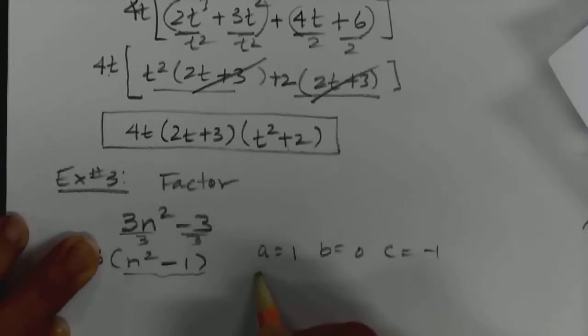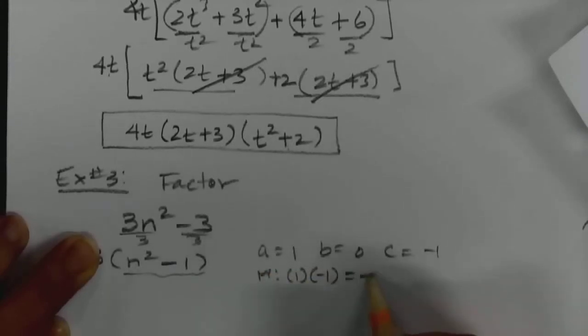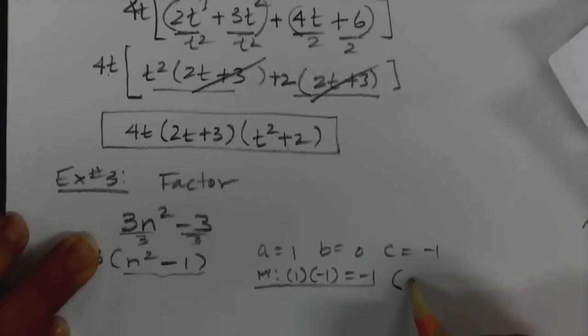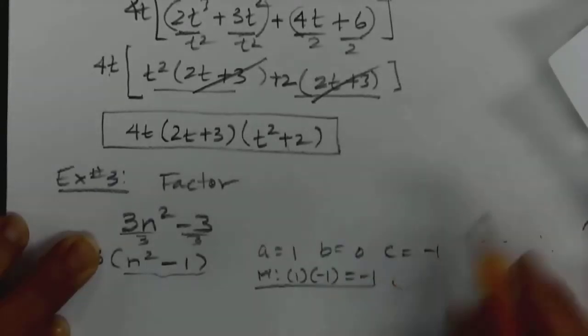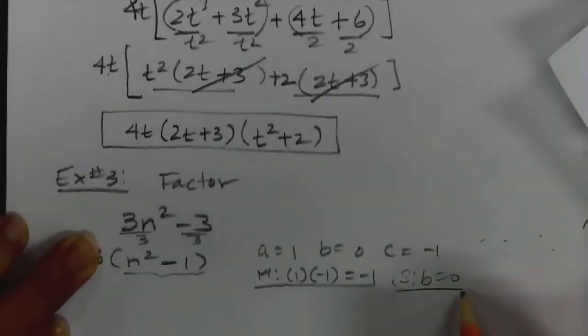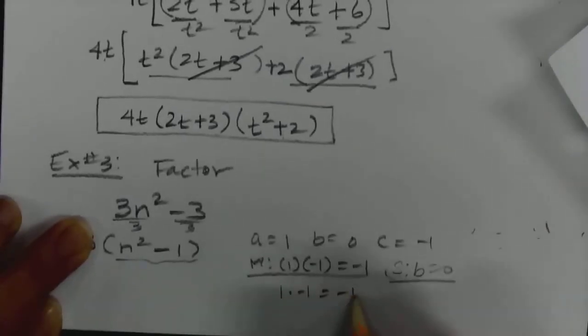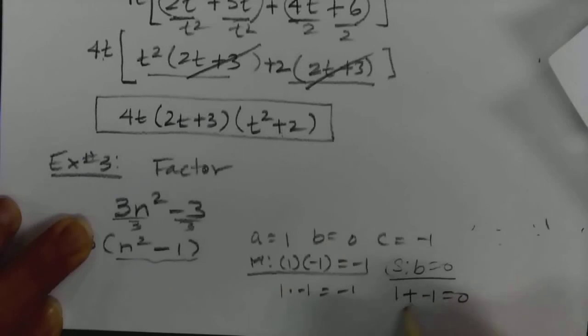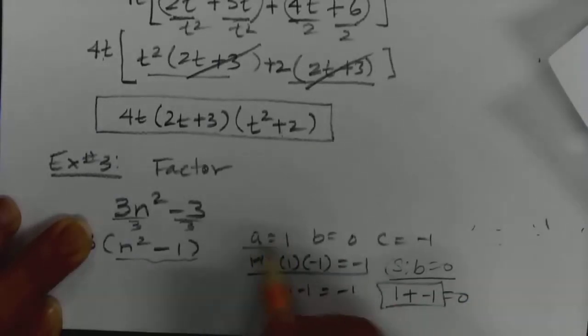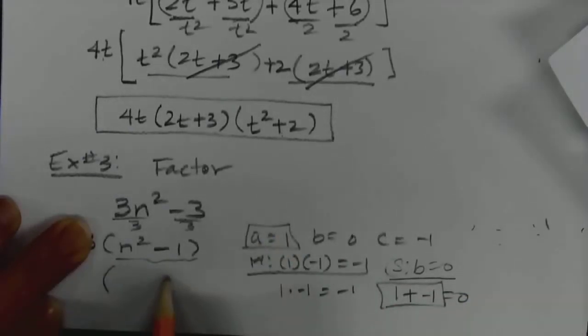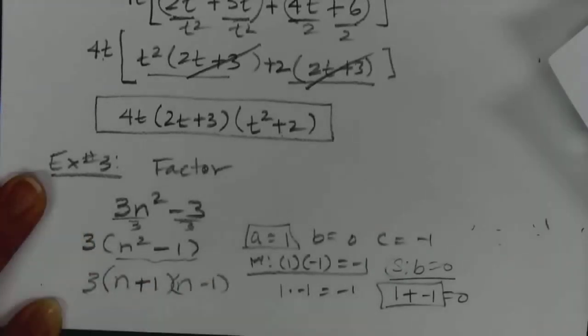Negative 1. We're going to multiply 1 times negative 1, which is negative 1. What times what is negative 1? That's got to add up to the sum of B, right? That's 1 plus negative 1, which is 0. 1 times negative 1 is negative 1. Those are my factors. So this factors to n plus 1, n minus 1 with the 3 out in the front.